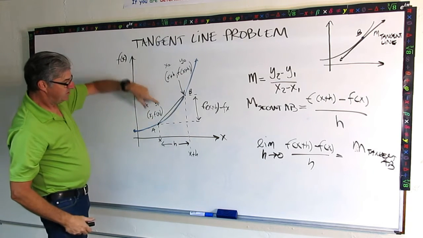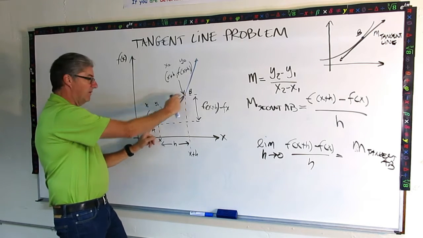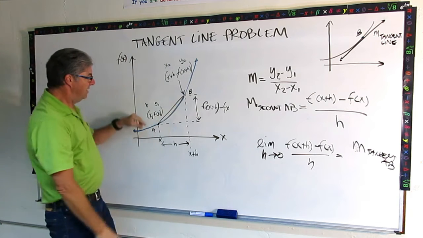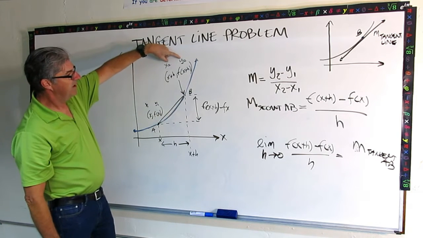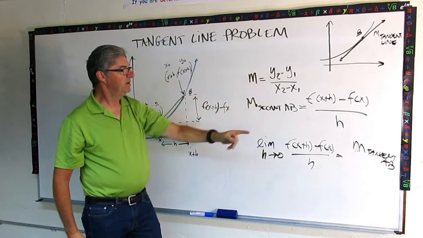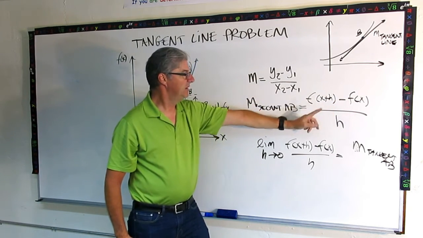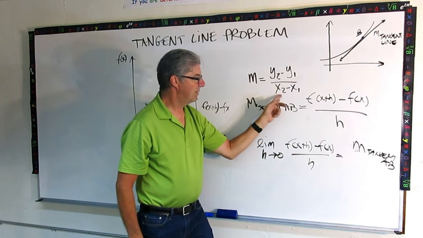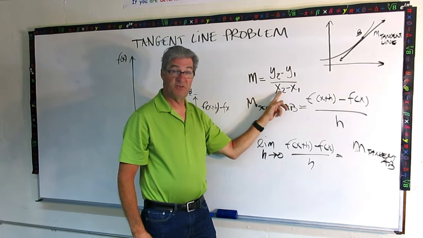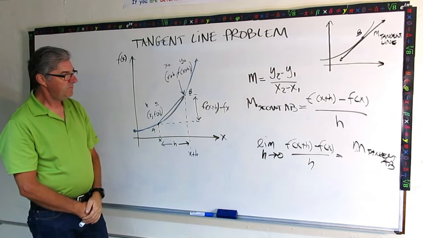So now we have two points to calculate slope. We're looking for the slope of the secant at AB. We have our x1, y1, our x2, y2. Here's our slope formula, which is rise over run. So we subtract our y1 from our y2, and x2 minus x1 ends up just being h.